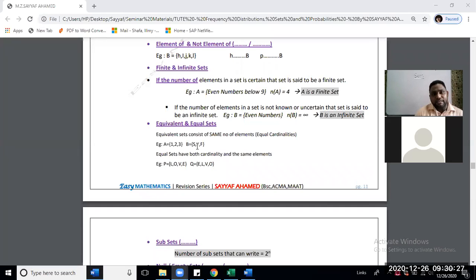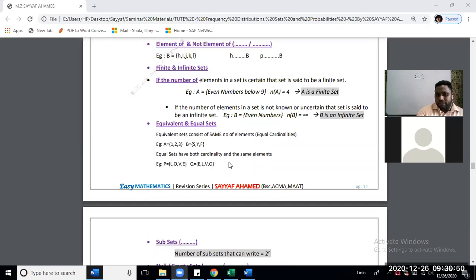If you look at the cardinality or the number of elements, you have 1, 2, 3, 4, so both have 4. And also if you look at the elements, exactly the same elements but mixed in the order, LOVE and ELVO, same set of elements. So these two, P and Q, we call equal sets. So don't get confused with these two, right?